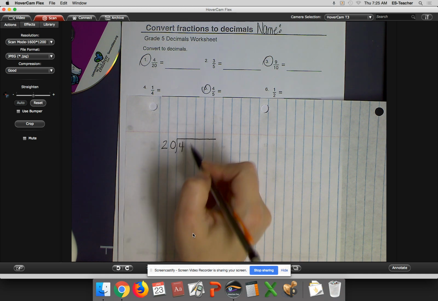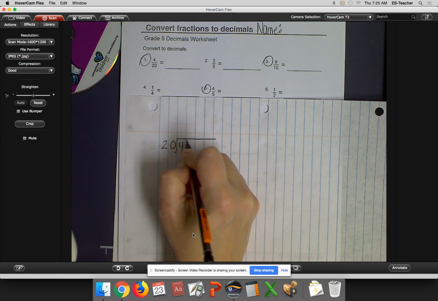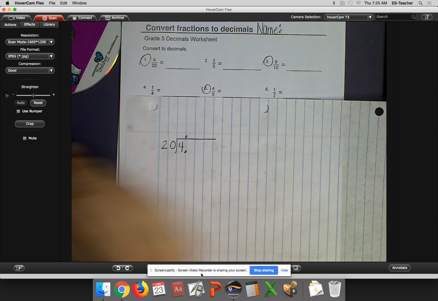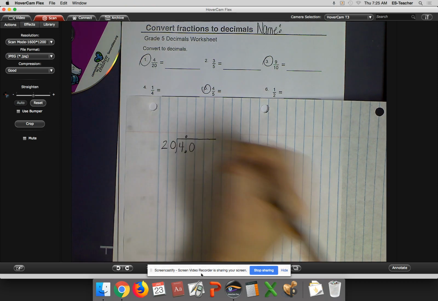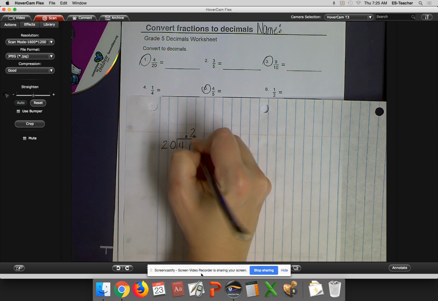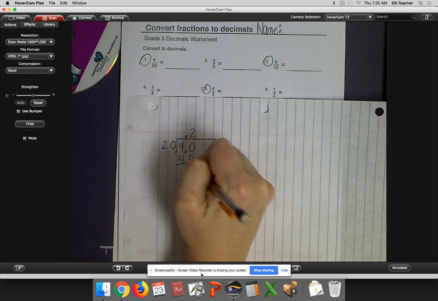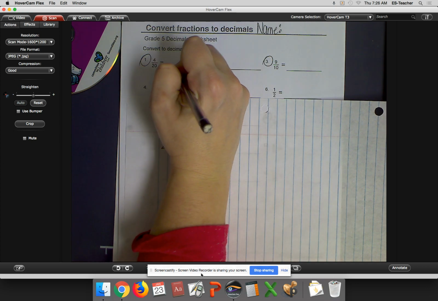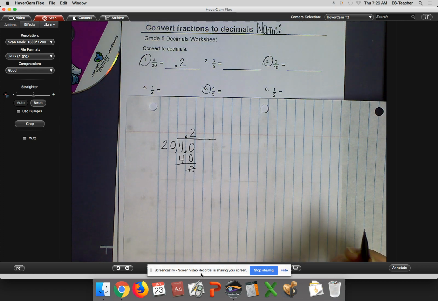So I can't do 20 into 4, so I'm going to add my decimal. And then I can add a 0. 20 goes into 40 how many times? 2. 2 times 20 is 40, so I have nothing left over. So when I convert this to a decimal, it's going to be 2/10.